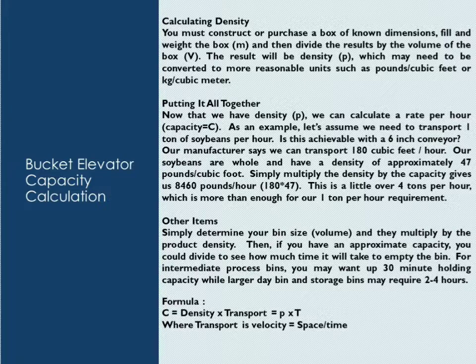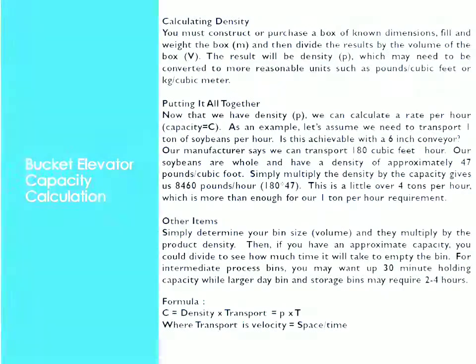Simply multiplying the density by the capacity gives us 8460 pounds per hour. This is a little over 4 tons per hour, which is more than enough for our 1 ton per hour requirement. So we get the formula: C is density times transport capacity.